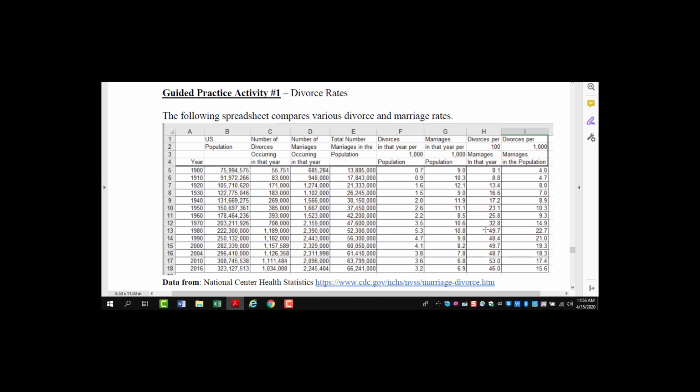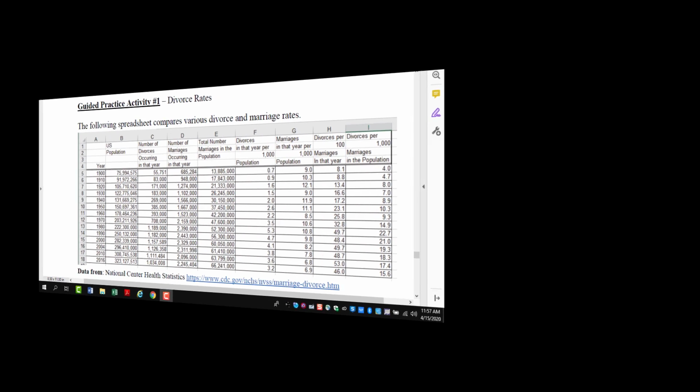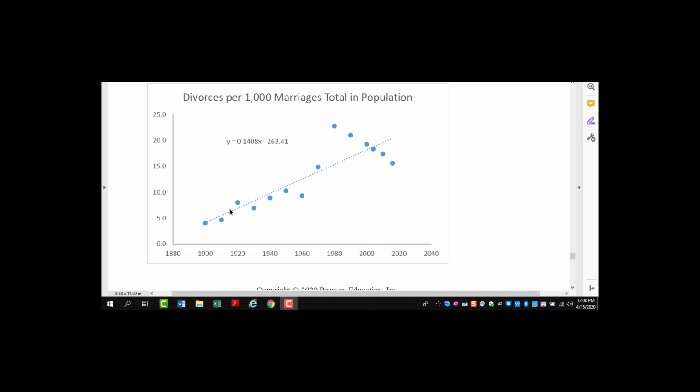So that is a misleading number. So we're going to use this number. We're going to look at the divorces per 1,000 marriages total in the population.